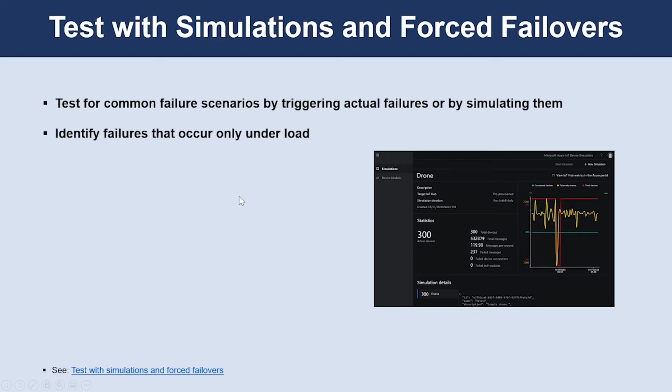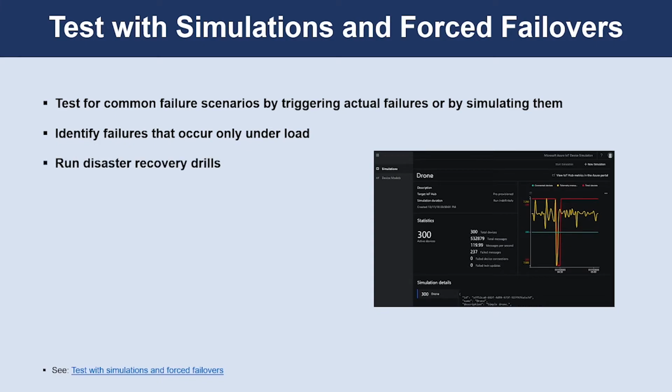Identify failures that occur only under load. So test for peak load using production data or synthetic data that is as close to production data as possible to see how the application behaves under real-world conditions.